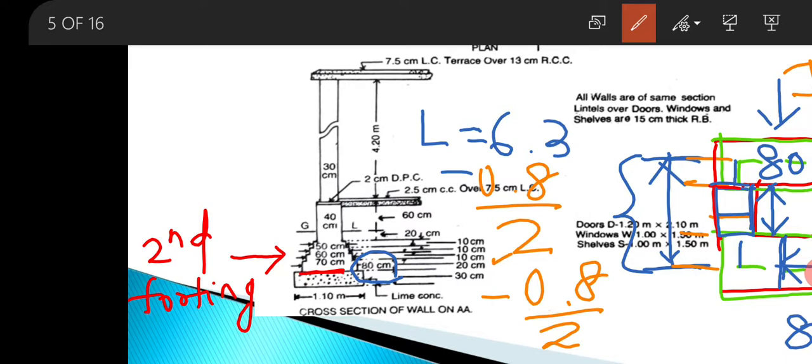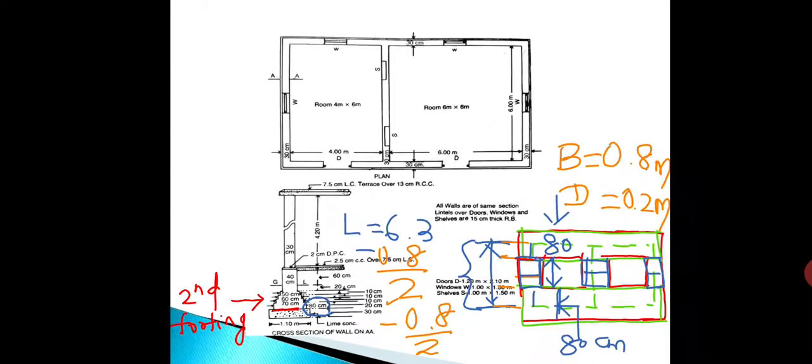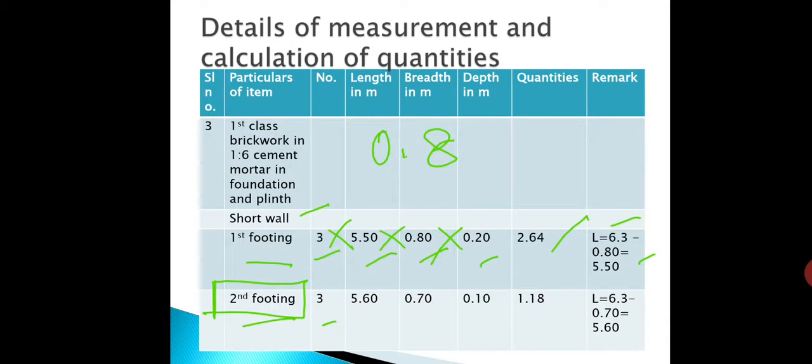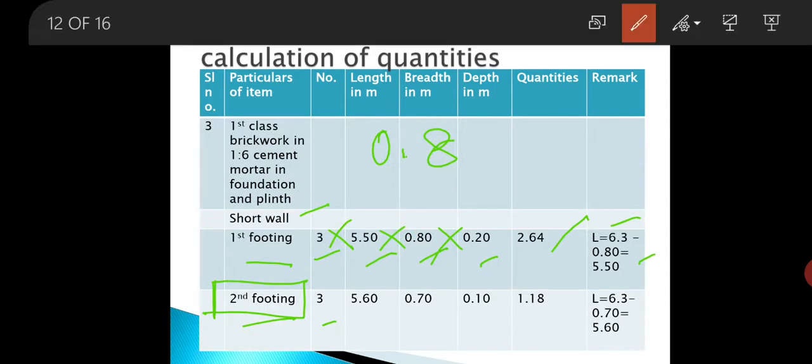Now, we will move to our details of measurement form. So, here the length will be calculated by subtracting the width of the second footing from center line length. Center line length is 6.3.